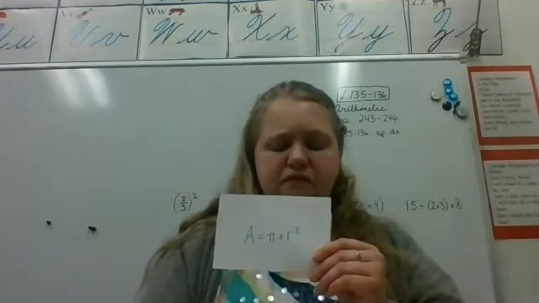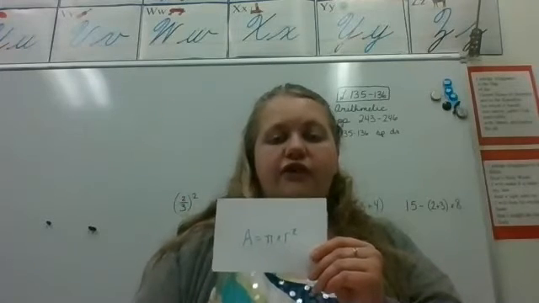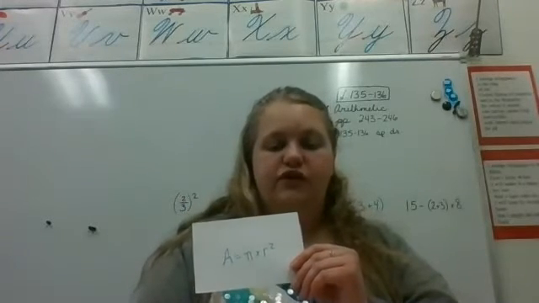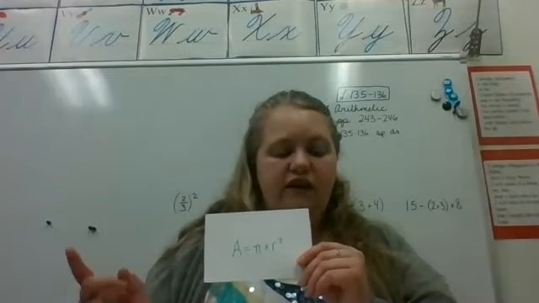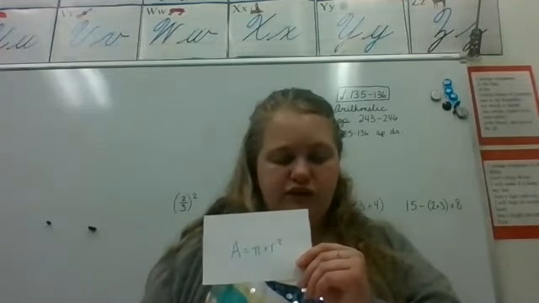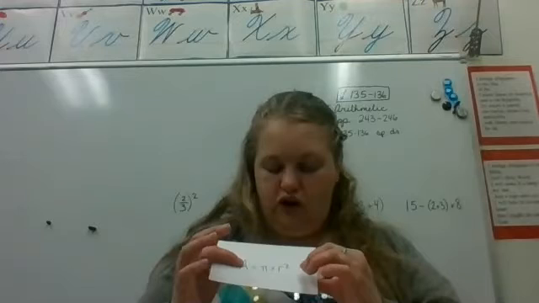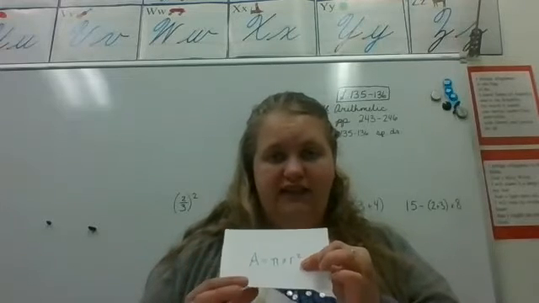But we have to do that first because that's our second step. So first we look for any parentheses, we do those first. Then we simplify the powers. So we multiply our R by itself.